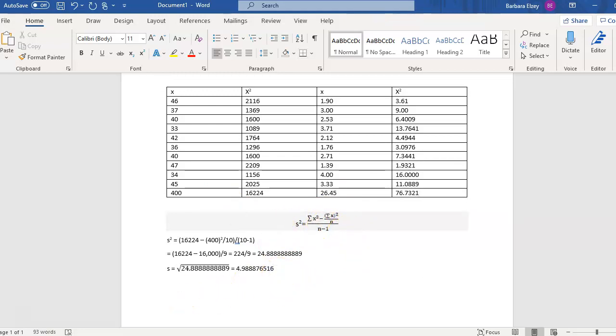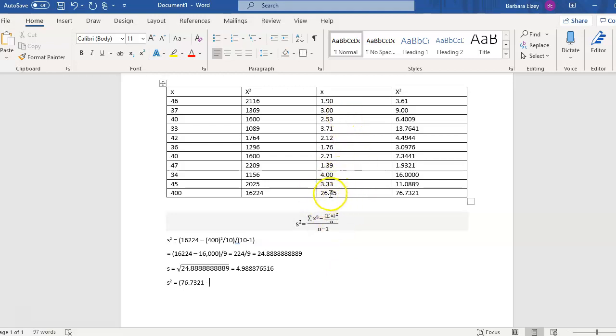Okay, so now we still got our variance formula right there. Let's go ahead and plug into that formula. S squared is going to be top of the fraction first. So we want the sum of the X squared column. So here's our X squared column. The sum is 76.7321. And then we want to subtract off the sum of the X column squared divided by the number of items in our sample.